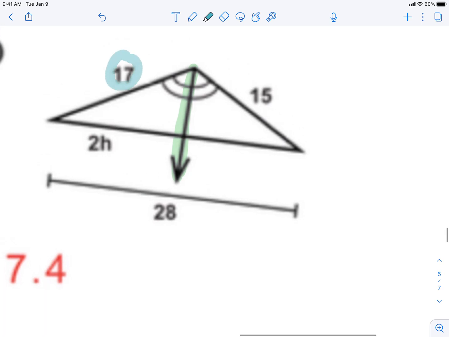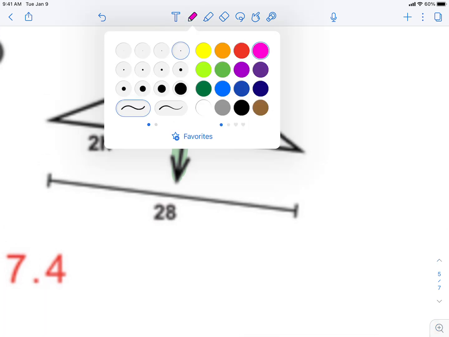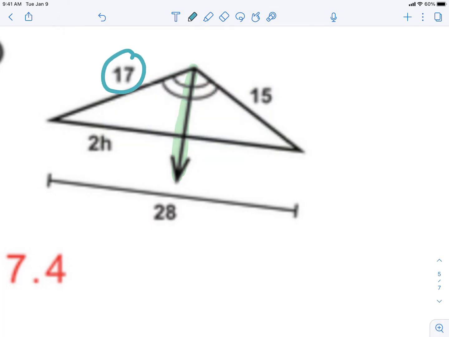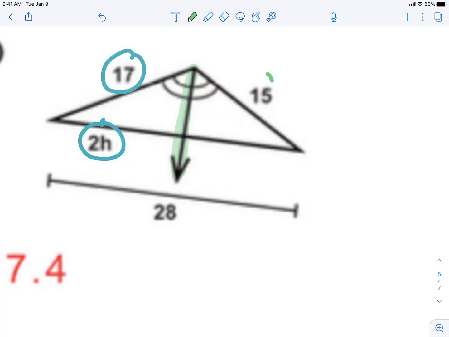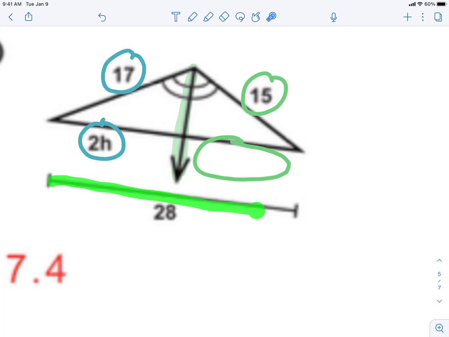So 17 has a special relationship with 2h. And 15 has a special relationship with, that's not there. But we know how to get it, right? We subtract the whole long segment minus the short segment is equal to the missing segment.